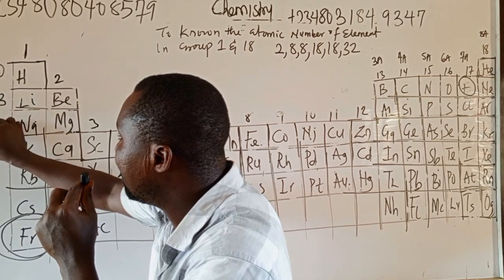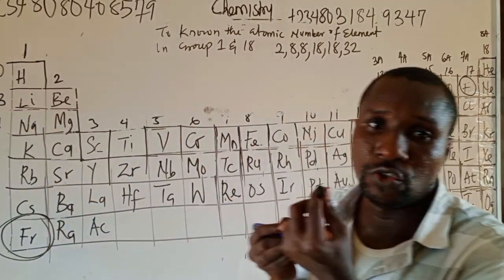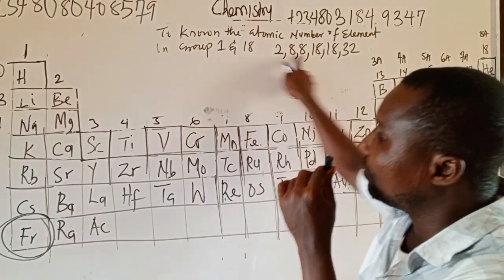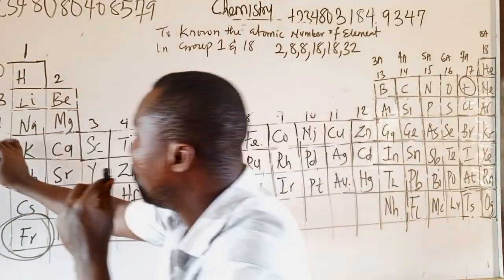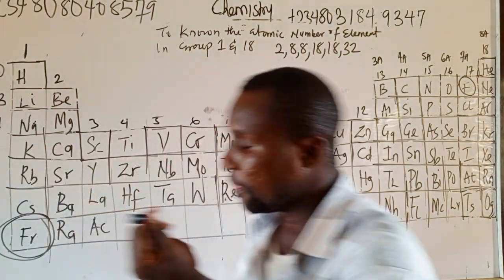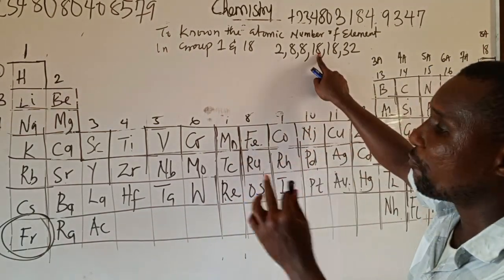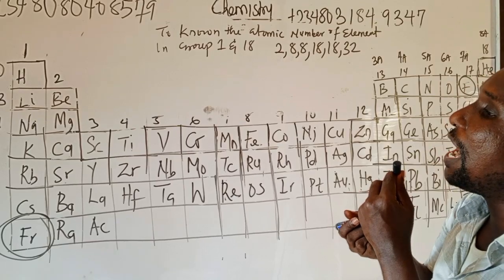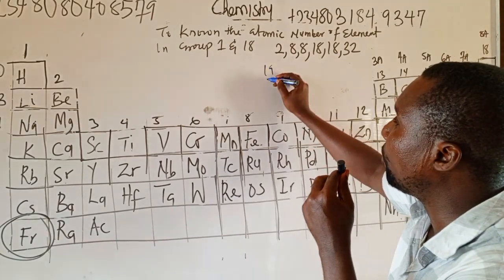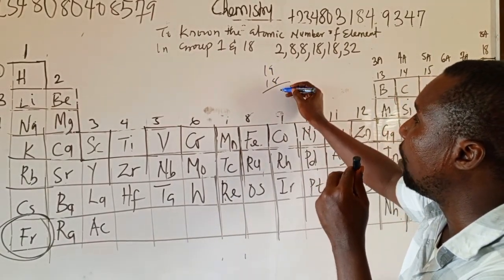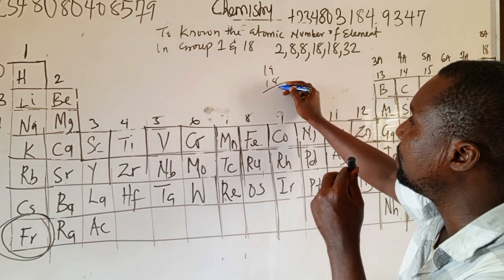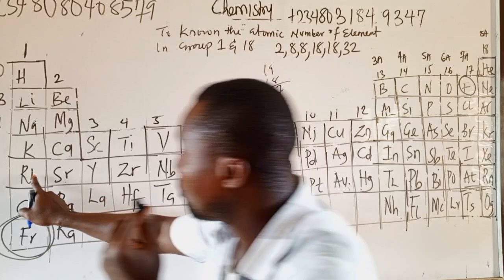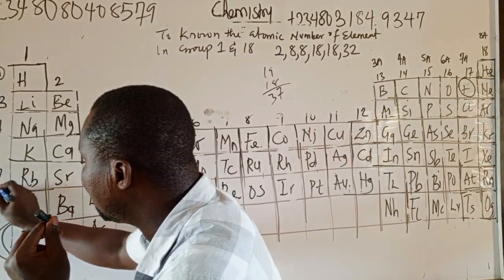You have 11, that is atomic number of sodium. To get atomic number of potassium, add 8 to atomic number of sodium. You have 19. To get the atomic number of rubidium, add 18 to 19. That gives you 37. You have atomic number of rubidium, 37.